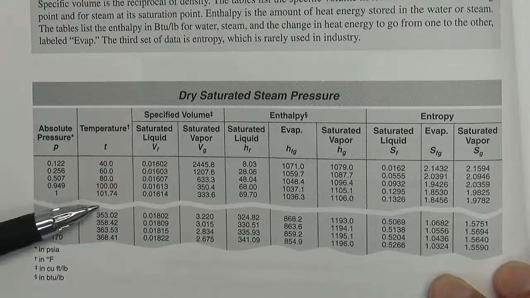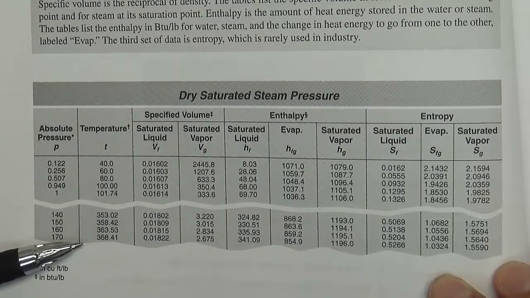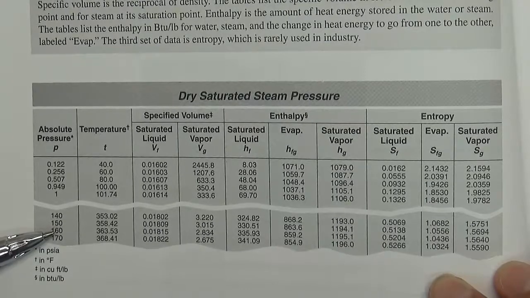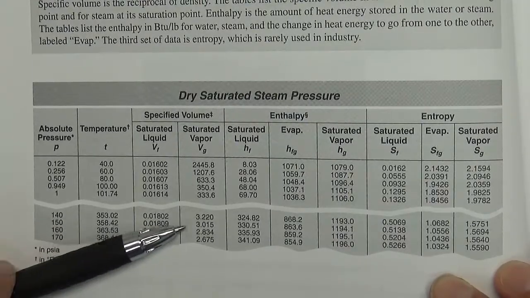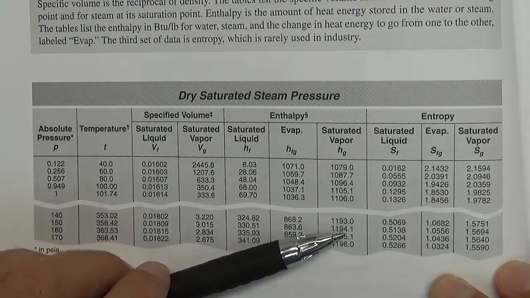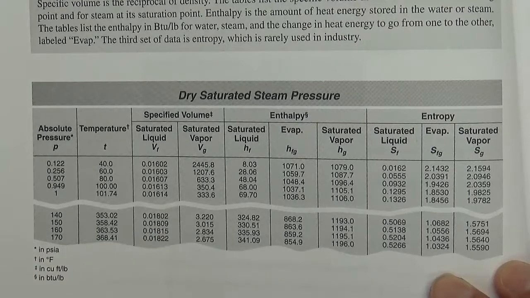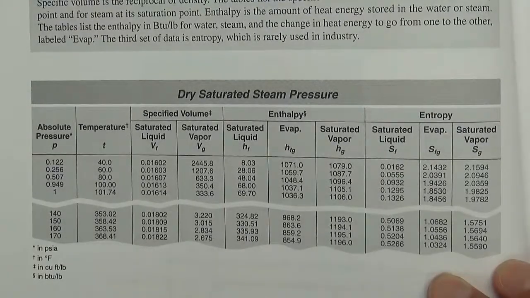So as the pressure goes down, the boiling point goes down, and as the pressure goes up, the boiling temperature goes up. So at 150, we just read it off the table. Amount of heat energy contained in steam, we just go over here to saturated vapor at 150, and there it is right there.